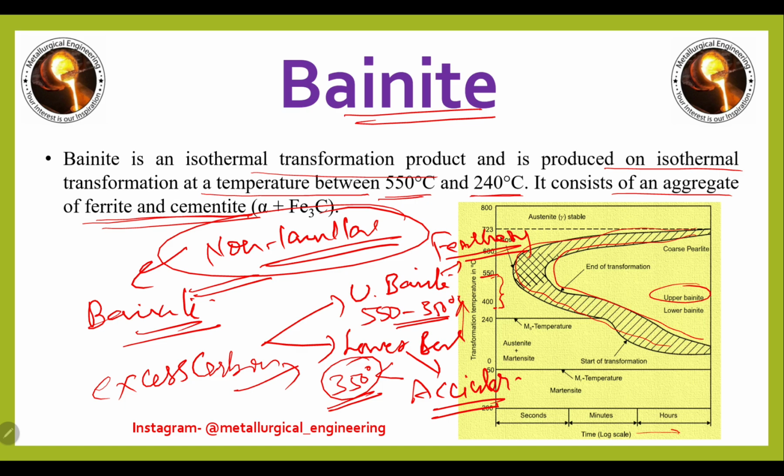There is also one more difference in the hardness of upper bainite and lower bainite. Upper bainite has a hardness of around 40 to 50 HRC, and the acicular one, which is the lower bainite, has a hardness of around 50 to 55 HRC due to the fine nature, and this is due to the coarse nature.